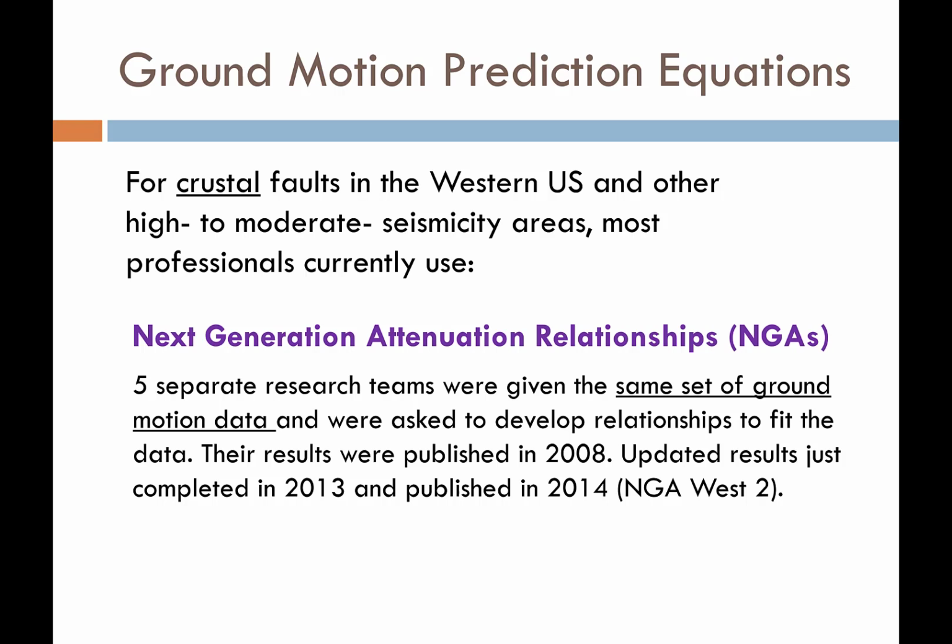But then immediately after that, a second iteration of NGA was initiated, and those models were completed and published in 2013 and 14, and they were called NGA West 2. NGA West infers that these are coming from the western United States, or areas of high seismicity, and the 2 means it's the second iteration of NGA.